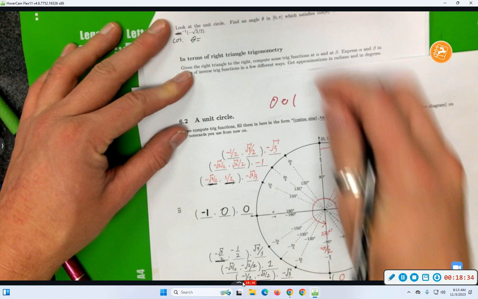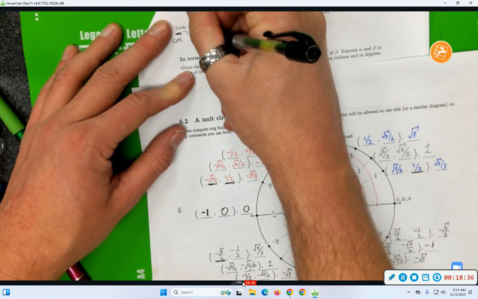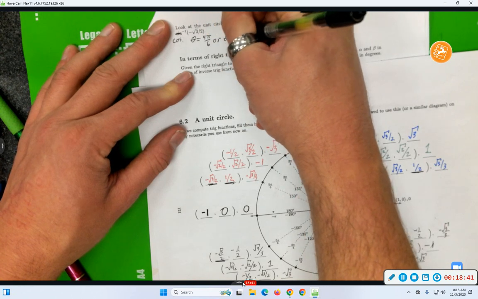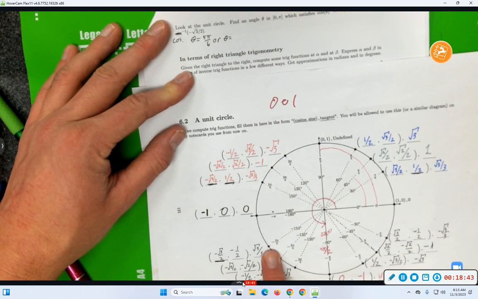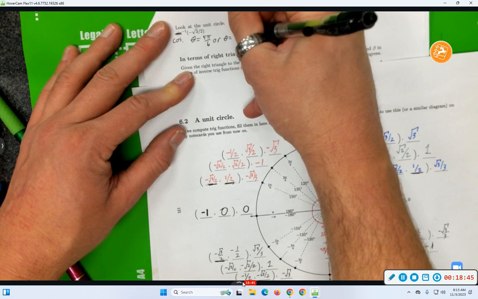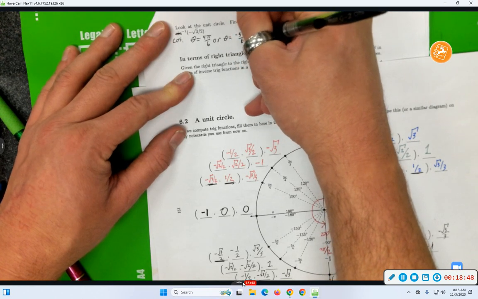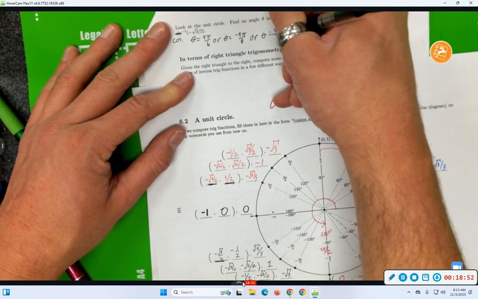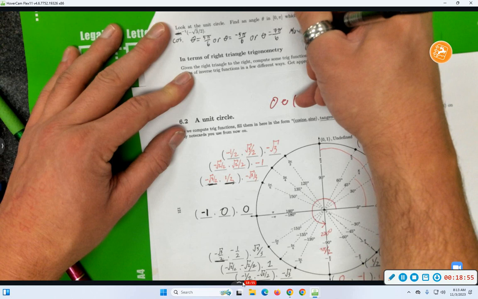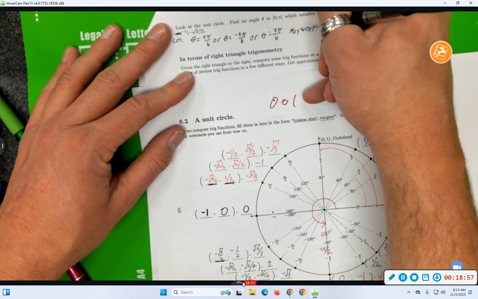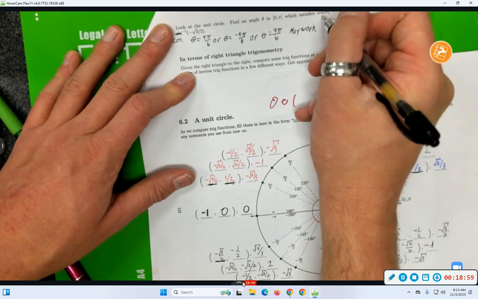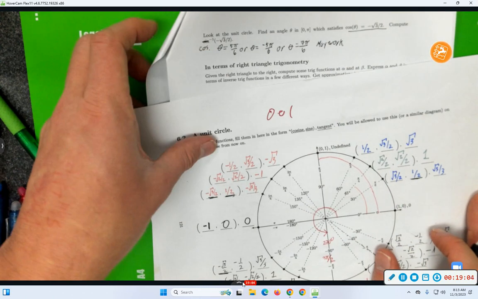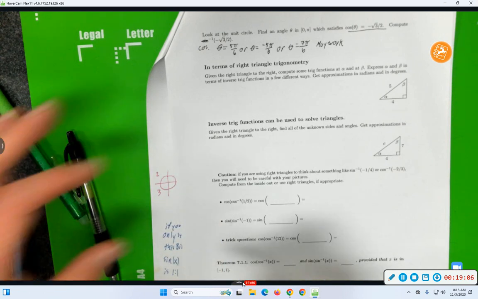Theta equal to 5 pi over 6, or theta equal to negative 5 pi over 6, or depending on how you think, 7 pi over 6. Those certainly satisfy that the cosine is equal to negative root 3 over 2.